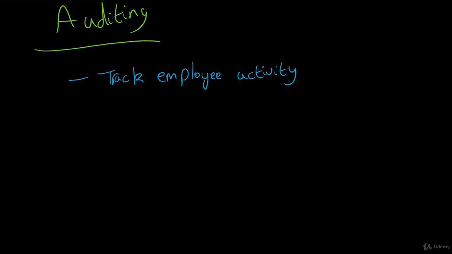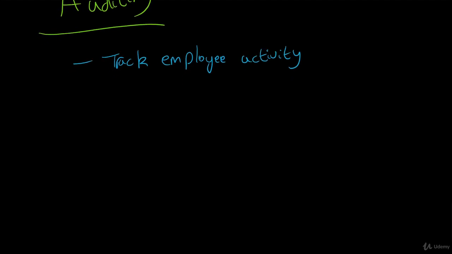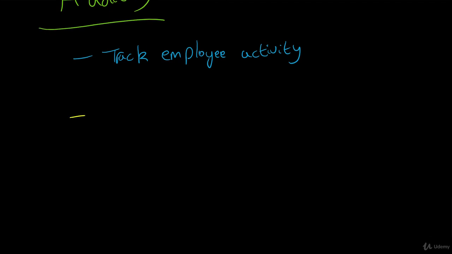Not really to keep an eye on them and make sure they're doing the work, just maybe from a security and maybe even a health perspective, just to make sure everything is going okay, and if anything were to go wrong, they know where they were when they were last tracked. So it's not always just to spy on them and just to make sure they're always doing the work. It could just be for the safety of the employee. So you can help track employee activity, whether that's their physical activity or, like I was saying, what they are actually doing.